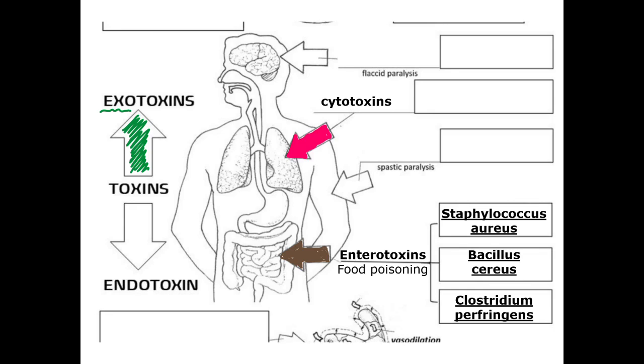Our next group of toxins are called cytotoxins. And cyto means cell, so these are going to cause cell death. So necrosis, so cell death. And since I was pointing to the lungs, I'm going to use the example of Corynebacterium diphtheriae. It is going to make a very powerful cytotoxin, causes the disease diphtheria. Cytotoxins can act a number of ways.